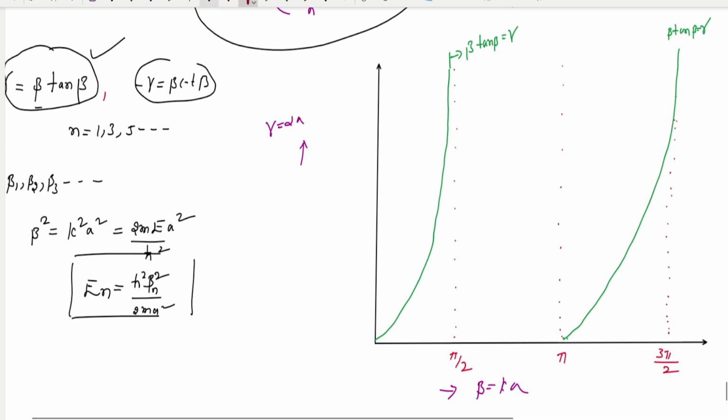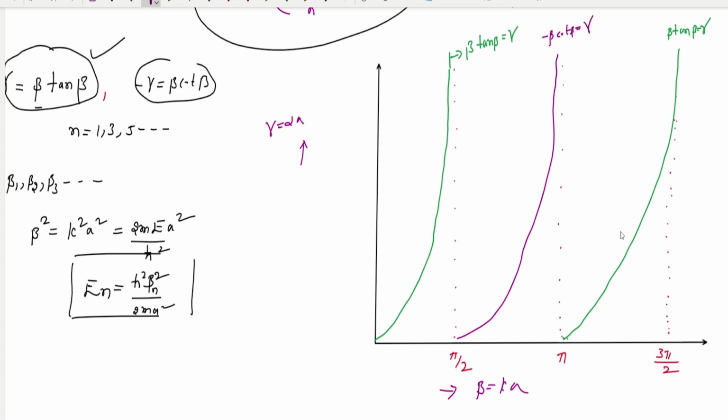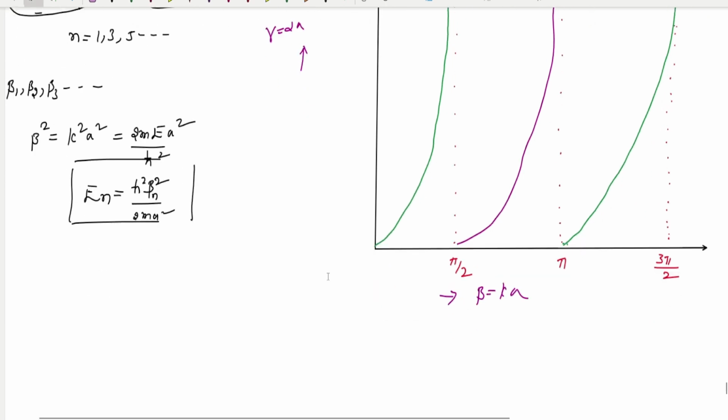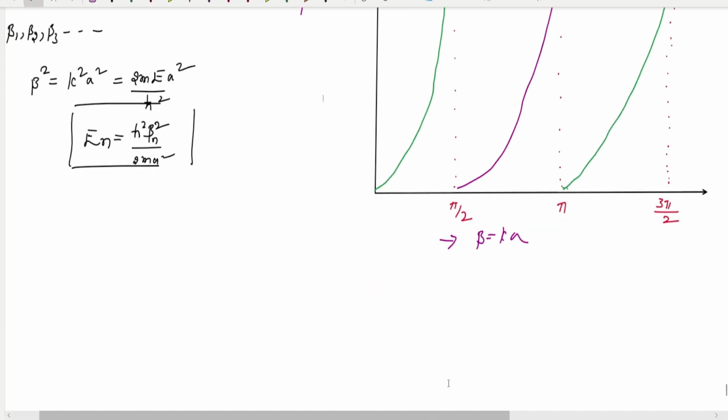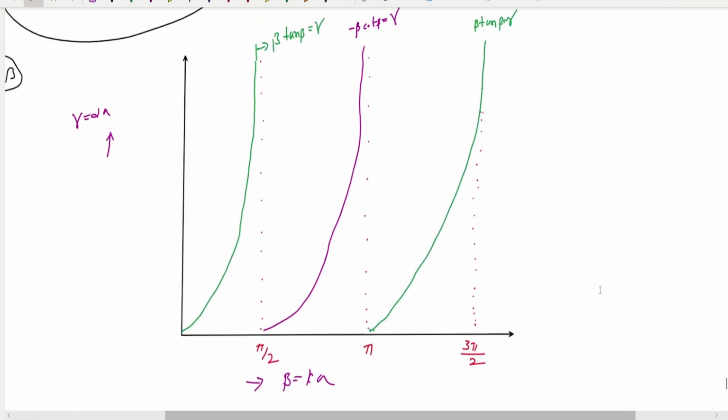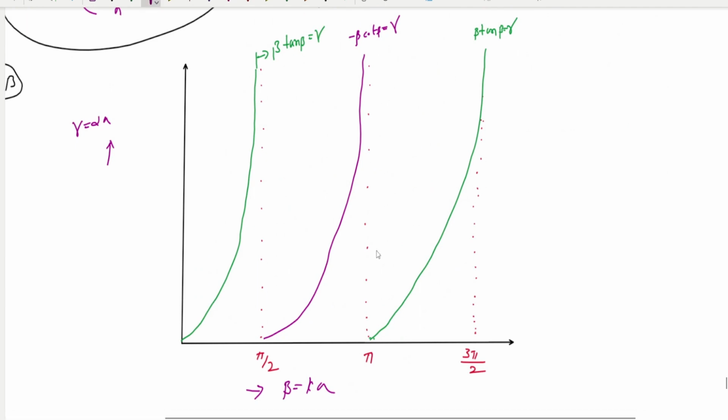So this curve is minus beta cot beta equal to gamma, and this is important.